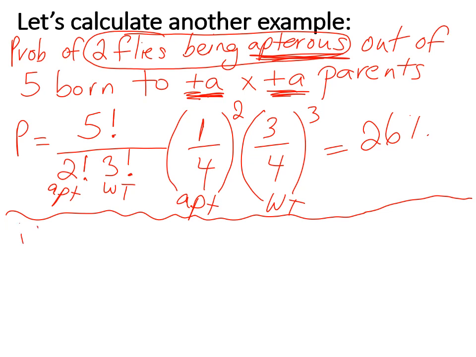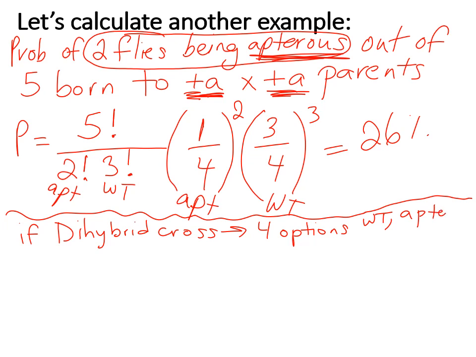If it's a dihybrid cross, then you have 4 options that you need to have in your fractions in your probability. You have wild type, you have apterous, you have sepia, and you have sepia apterous, or sometimes again you might see it apterous sepia, as long as both are written out.